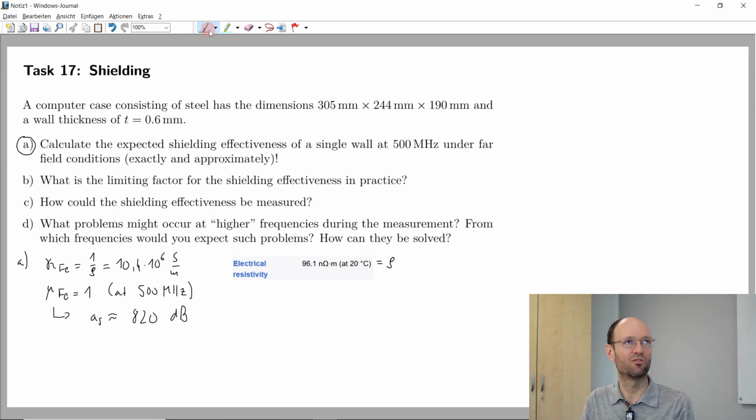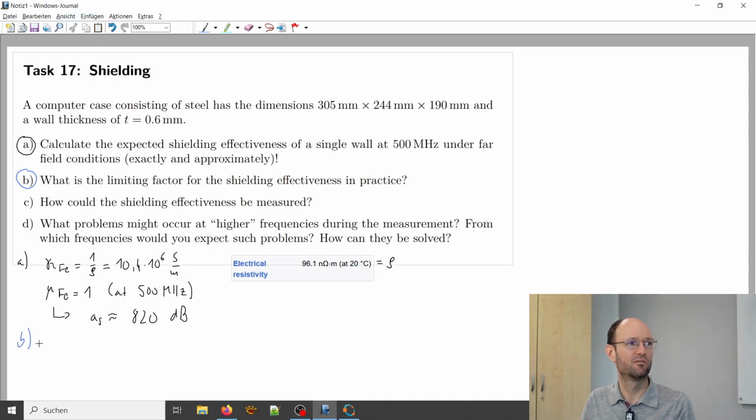And this is also already what we have discussed now here in task B. So what is the limiting factor for this? And I think I can also type text here.